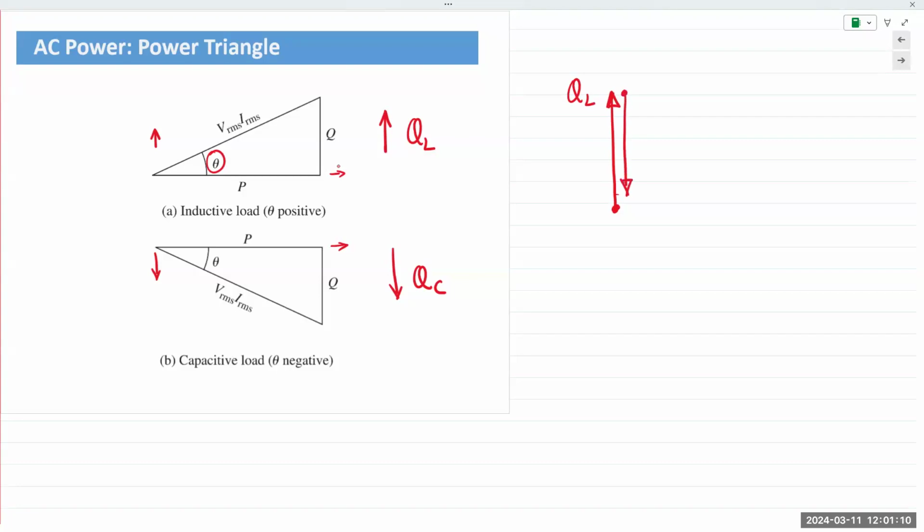So if QC was not there, your total required power would be equal to QL. But now, because you put a capacitor in there, your total power is reduced. Make sense? These are vectors, so we have to take phase angles into account. QL points straight up, QC points straight down. So we can try and get it as close to 0 as possible.